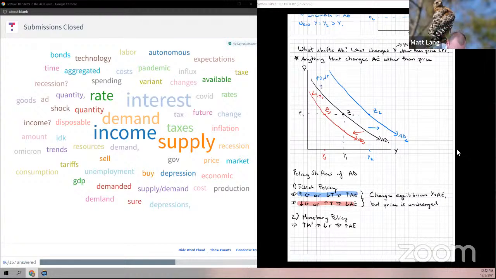So if we increase the money supply or buy bonds, that will certainly increase that AD curve. We can think of both monetary and fiscal policy as having control over the AD curve. We just said the federal government can increase or decrease G or T. Well, the Fed can increase or decrease the money supply by buying and selling bonds.